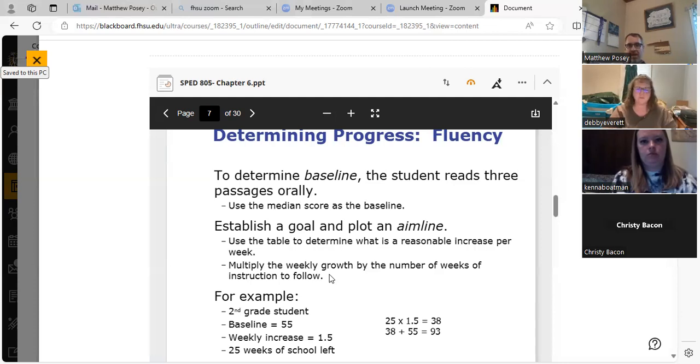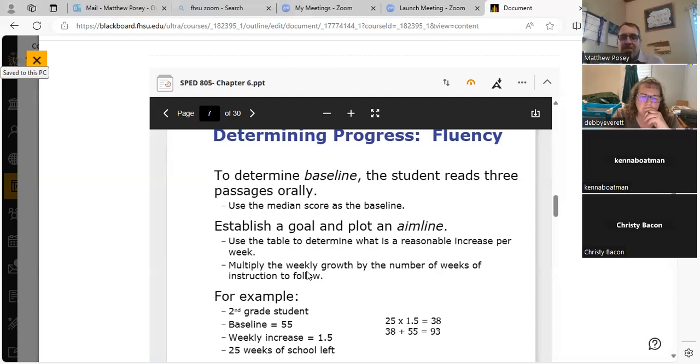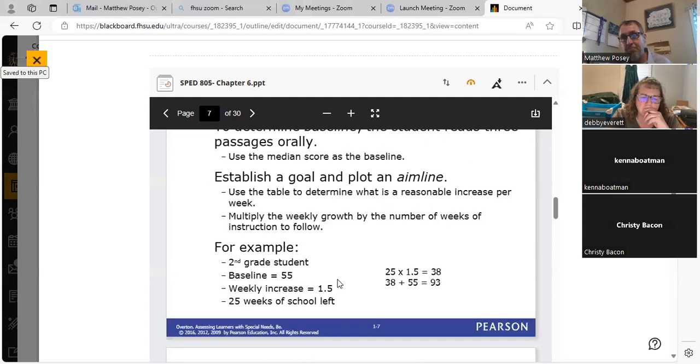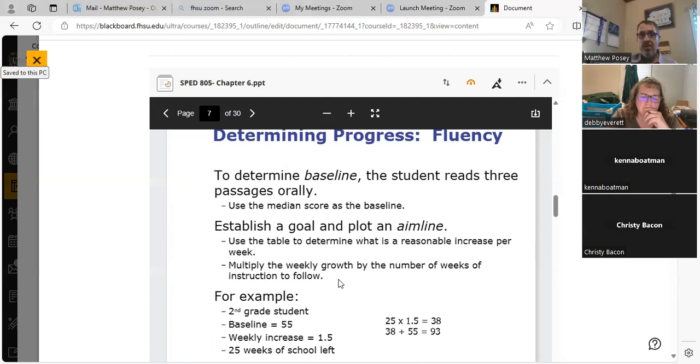Then you can multiply that weekly growth by the number of weeks of instruction they're going to follow. So this is another good resource for you guys moving forward after this class. If you decide, hey, I'm going to utilize CBMs to track growth of my students, and I'm going to do it over multiple weeks, here's a little formula on how to calculate your aim line.